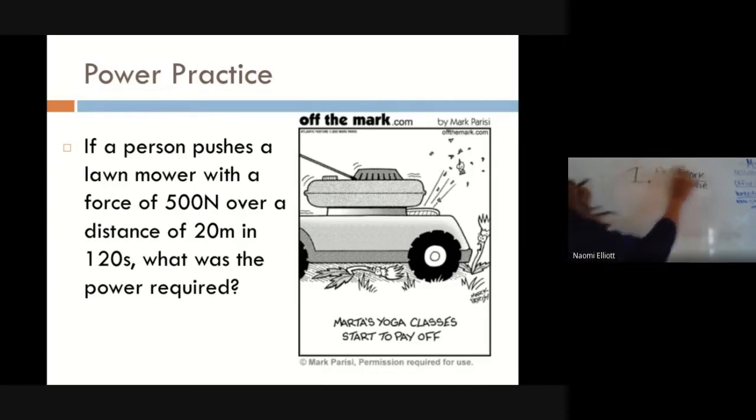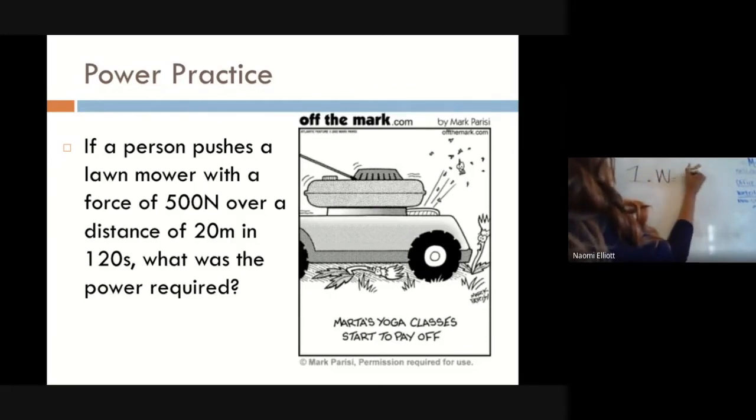Okay. First thing we are going to need to do is find the work. So we have to use the work equation first, okay, because we didn't have the amount of work. So we're going to use this equation.